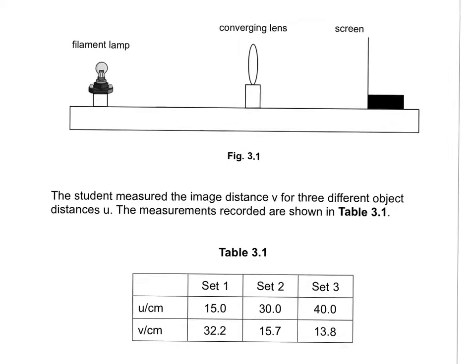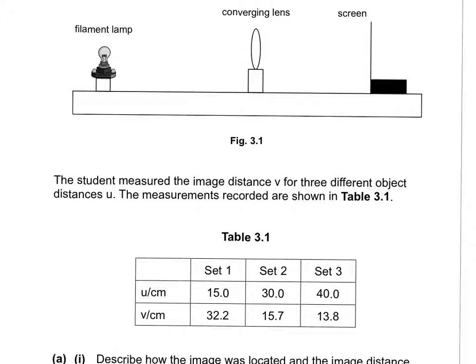So when we had the filament bulb here 15 centimeters from the lens, we found that the screen had to be 32.2 centimeters out. When we moved this to 30 centimeters from the lens, we found that the screen had to be 15.7 centimeters from the lens.